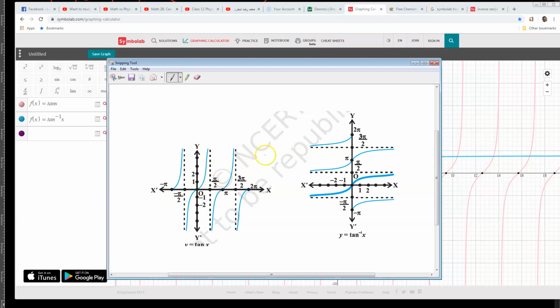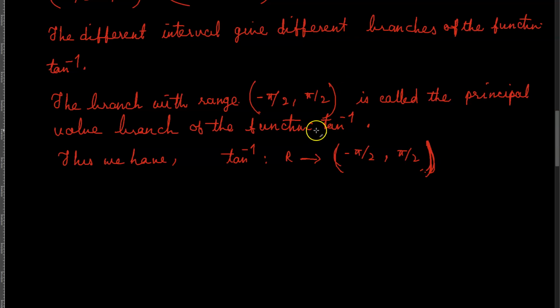But then you would essentially have all of these branches over here. But since we restricted the domain of the function to negative pi by 2 to pi by 2 here, that's the only branch of the function that we are going to get as the inverse of the function, which is called the principal value branch of the function, right? Okay, so that is basically that.